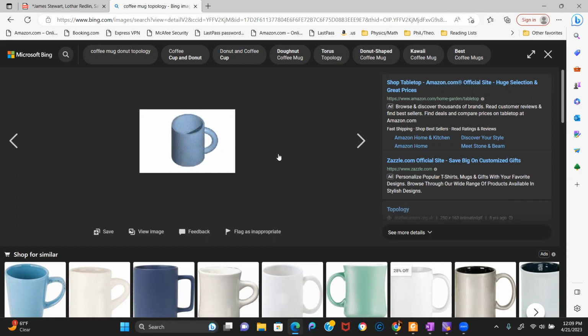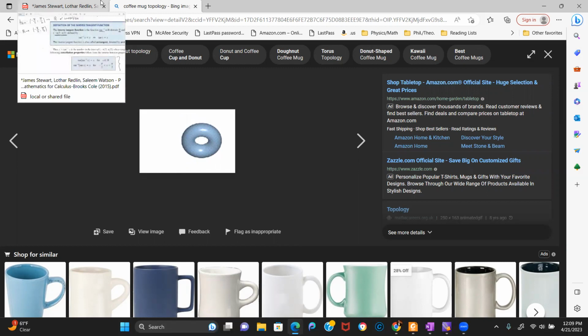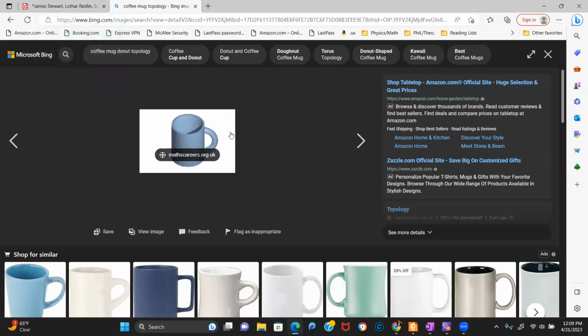Of course, you don't have to understand any of this at all. It's just interesting from my perspective to go back and learn some of this stuff and realize what it says in a deeper way. So this is a visualization of the homeomorphism between a torus and a coffee mug shape.